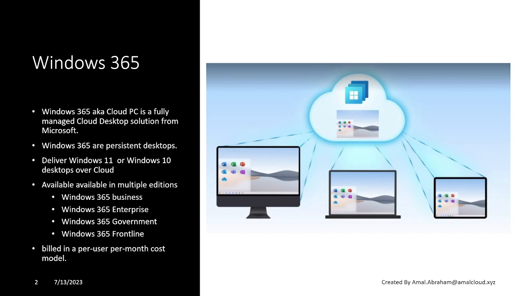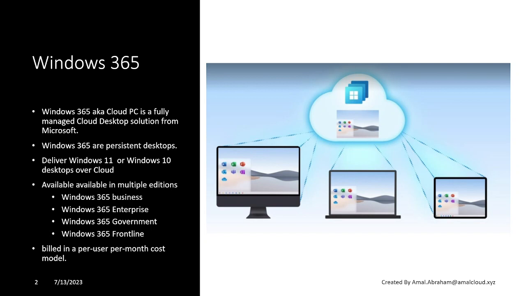The only difference is in a traditional Windows 365 licensing model, it's a per user per month billing. So, irrespective of whether you use it or not, you need to pay an amount starting from $28 to use your Windows 365. However, in the case of Frontline, it's a concurrent licensing.